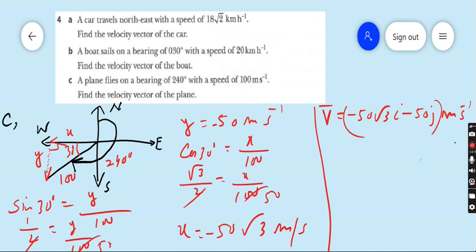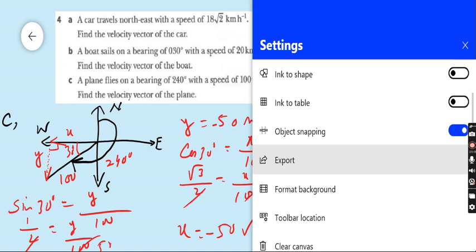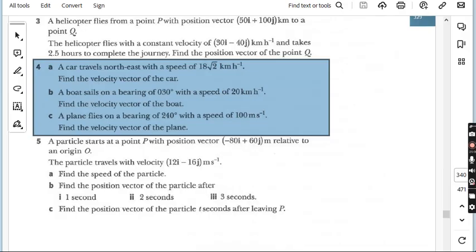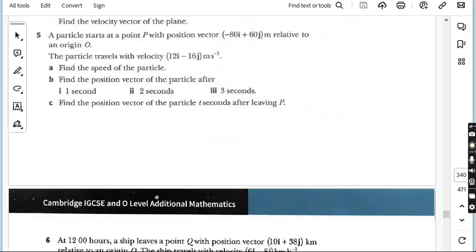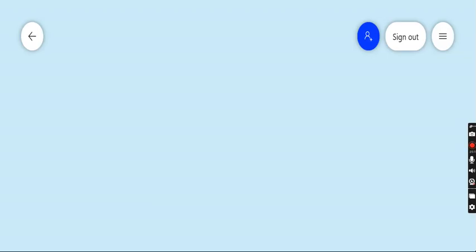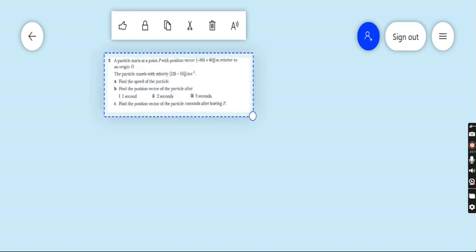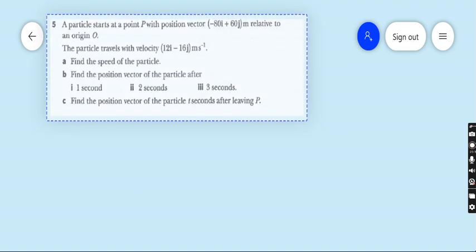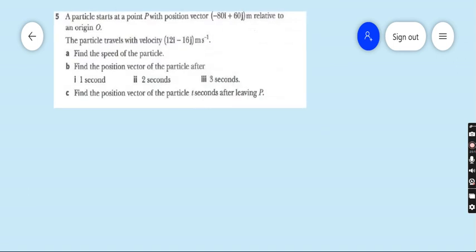Now move to question number 5. A particle starts at point P with position vector minus 80i plus 60j meters relative to an origin.